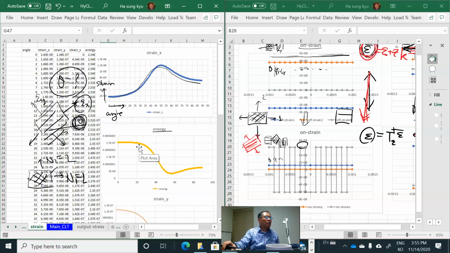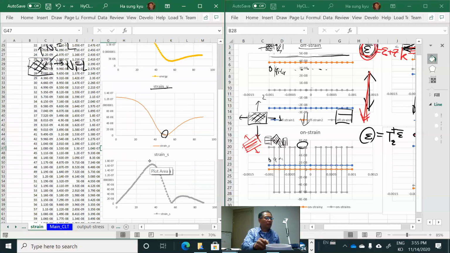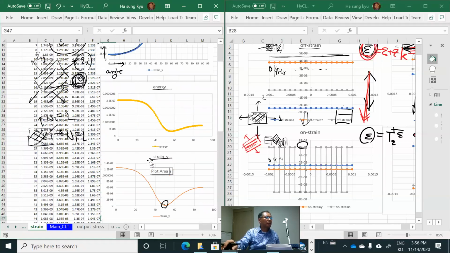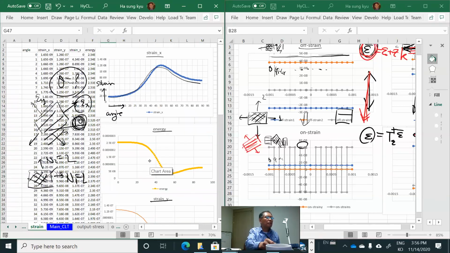There are so many responses, strain X and strain energy, or strain Y. Well, strain Y is really zero, and this one is also really small. What does it mean? And this angle, and that angle, I hope they are almost the same.